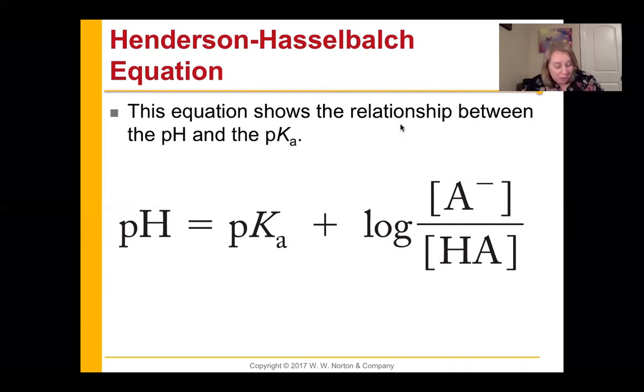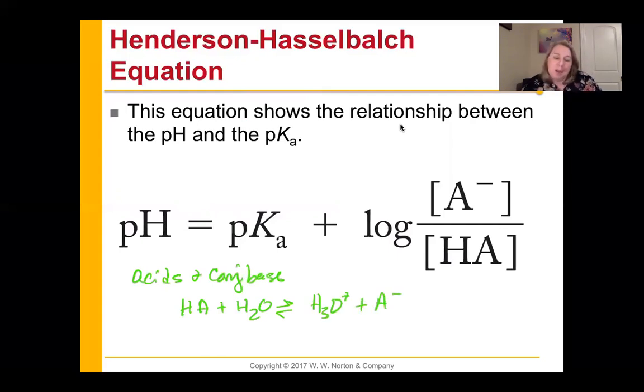So in biological systems, we use acids and we use their conjugate bases, right? So you have an equation like HA plus water, reversible, making H3O plus and A minus, right? Now remember that in this equation, we have a weak acid and a conjugate base.